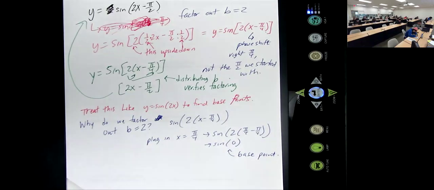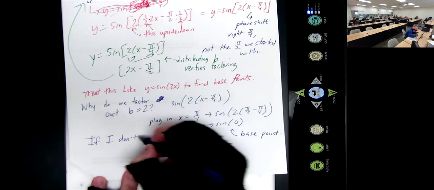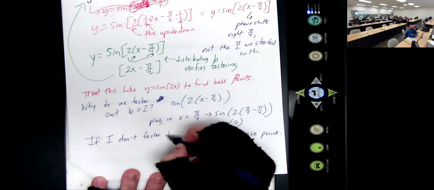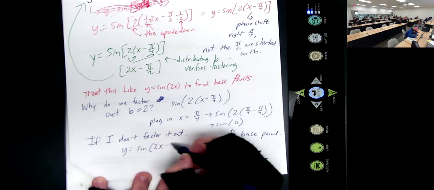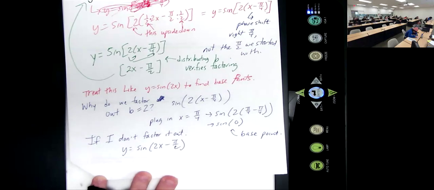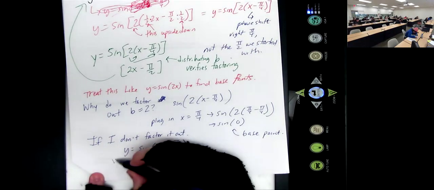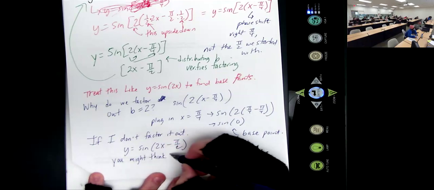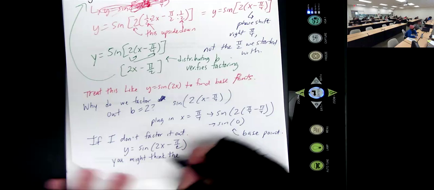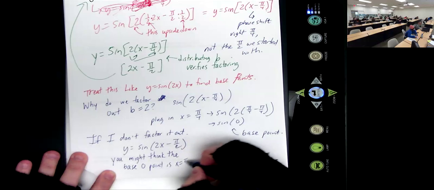And if I don't factor out the 2, you might think the base 0 point is x equals pi over 2.